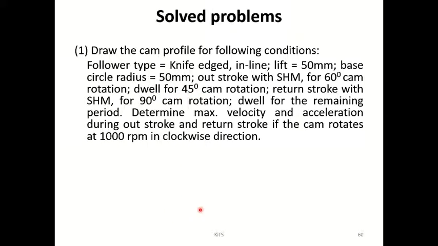After reaching the top position, the follower dwells, or rests, at that place for 45 degree, and then it returns back for 90 degree. We also have to find the maximum velocity and acceleration. There are some formulas for that, which we'll see. Let us move into the problem.